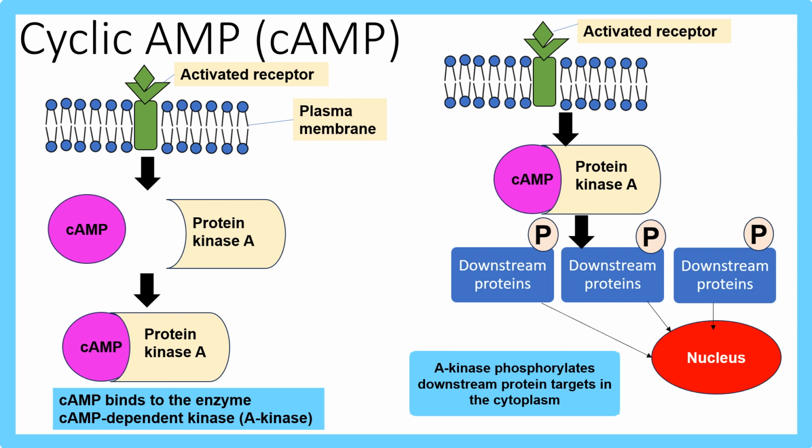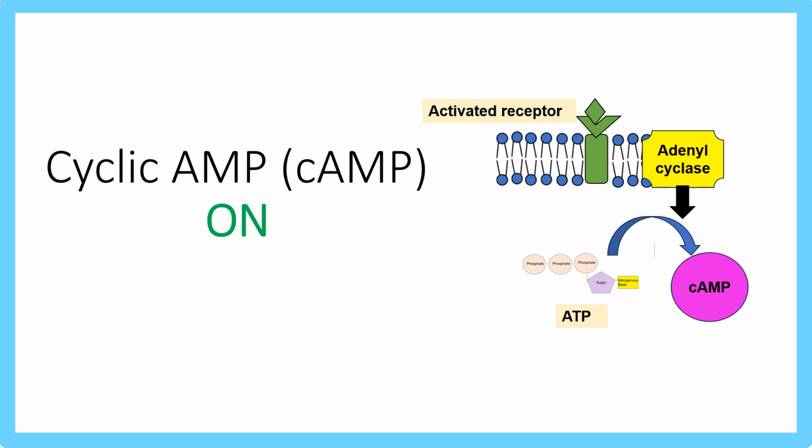This then leads on to the transcription of specific genes for other target proteins required. So now cyclic AMP, when it switches on, you need adenyl cyclase.